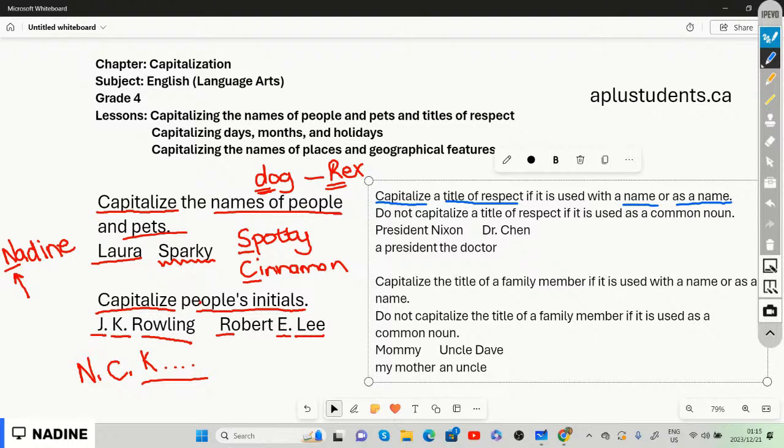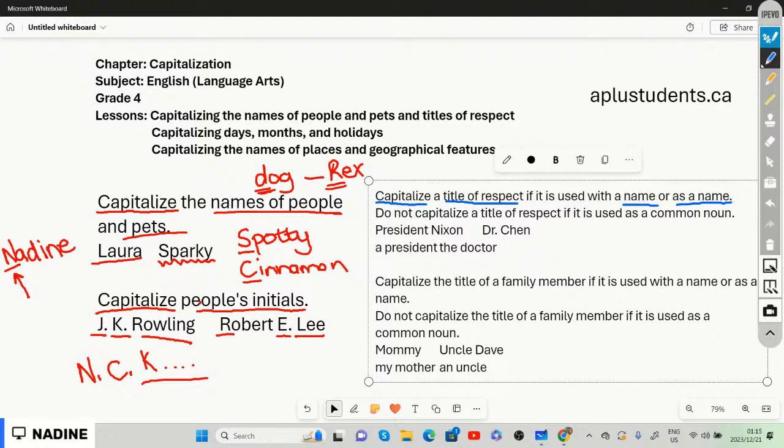So let's say maybe the president, right? The way we call him president, it's as if we are saying his name. So if we use the word president as a name, then we capitalize it.